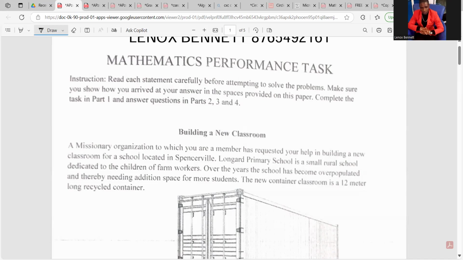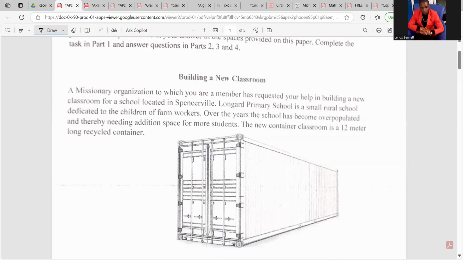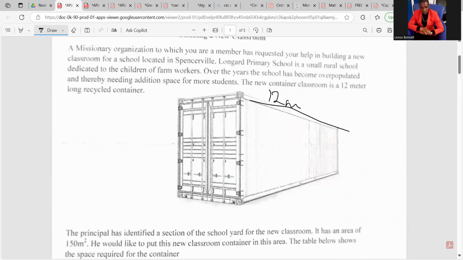The new container classroom is a 12-meter long recycled container. So here they have our container, and they say it's 12 meters long. So that's the length, 12 meters long. Bear in mind, at some point that will become relevant.